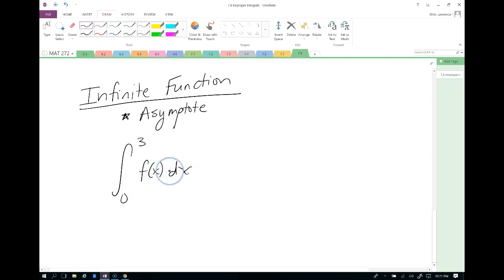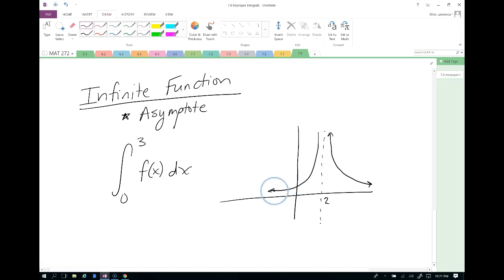So it's really important to analyze that function and make sure you understand the function that you're working with. And we might be working with a function that has a vertical asymptote at 2. And then we're being asked to find the area from 1 to 3. But in between 1 and 3, the function goes off to infinity. So that would also be an improper integral, because the function itself is infinite. So in this case, it's infinite in the center of our interval.